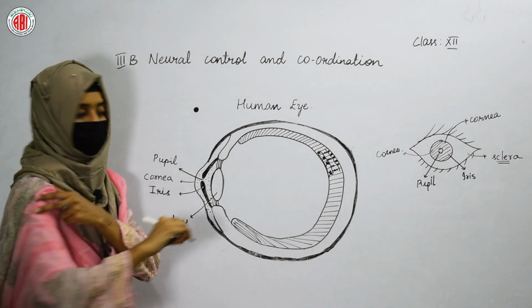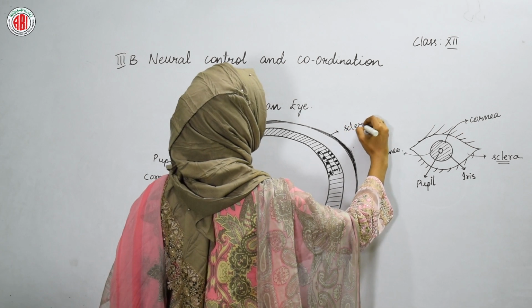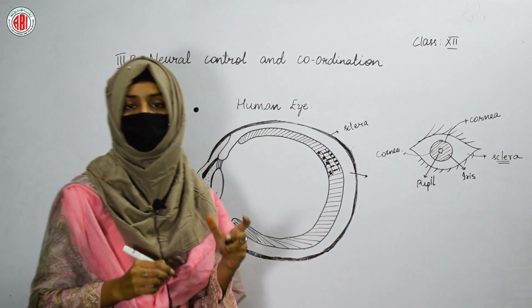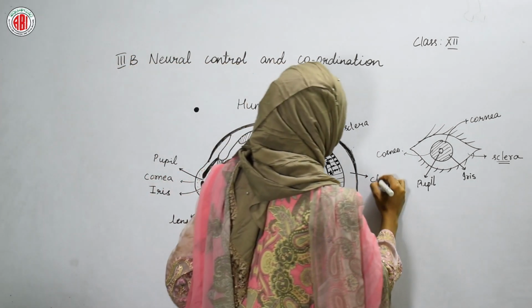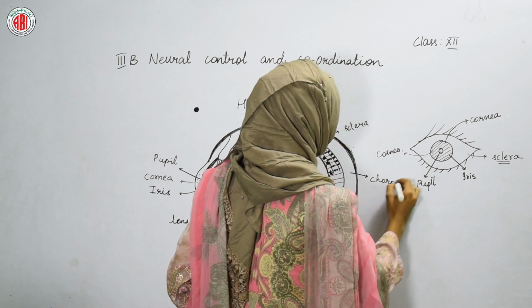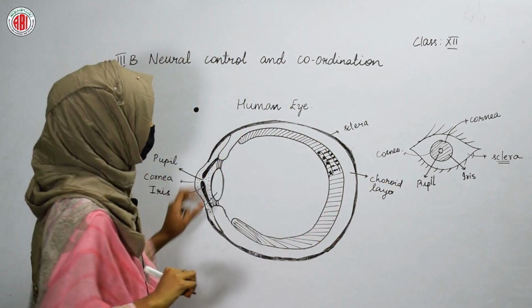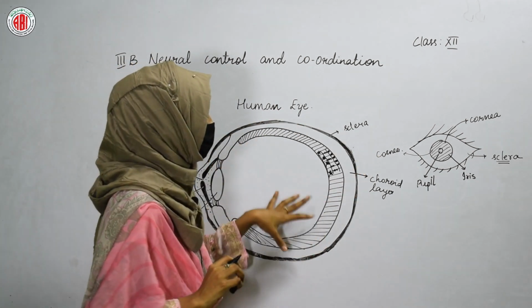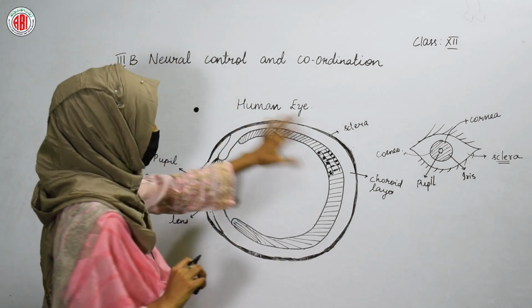Now we'll see the layers. I told you that the outermost layer is our sclera. Below the sclera, you can find a bluish colored layer, and that layer is named the choroid layer. In the choroid layer, melanin is found, due to which it is bluish in color. After the choroid layer, one of the inner and important layers of our eye is the retina.